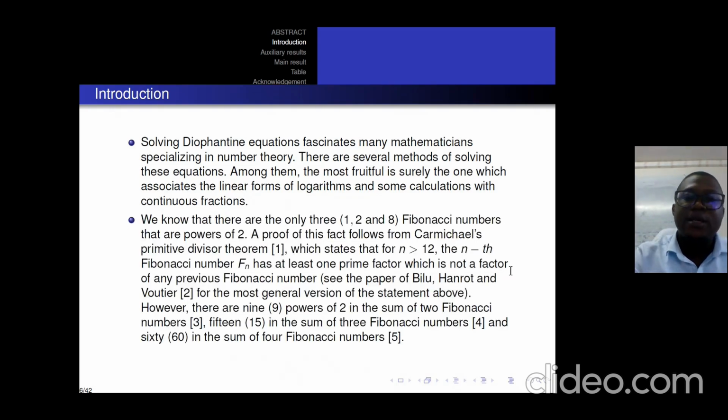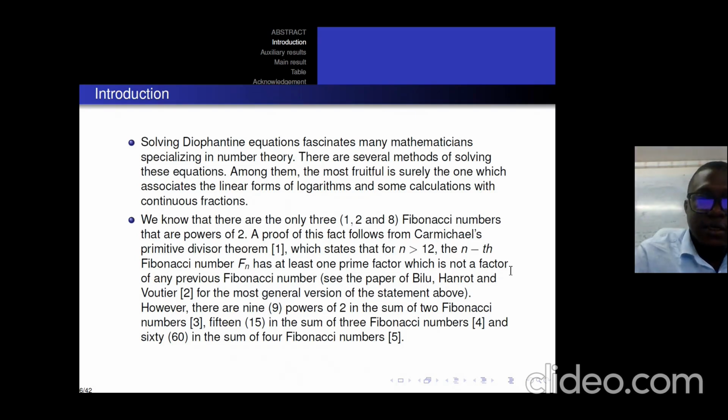We know that there are only 3 Fibonacci numbers that are powers of 2, and a proof of this fact follows from Carmichael's primitive divisor theorem, which states that for n greater than 12, the nth Fibonacci number F_n has at least one prime factor which is not a factor of any previous Fibonacci number.